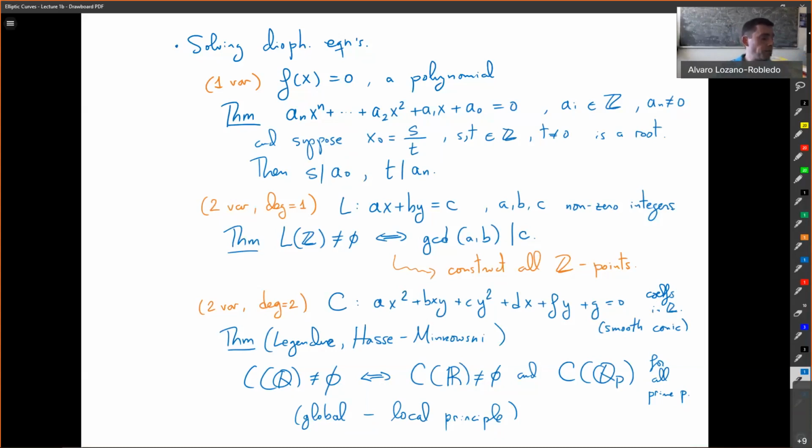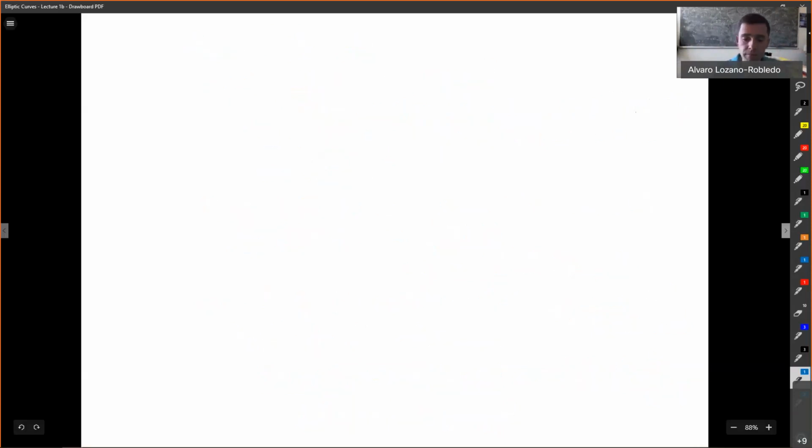So this is a very interesting theorem that tells you how to determine if there is a solution. Once you know that there is a solution, you can use other methods to first bring the conic into a canonical form, like an ellipse, a hyperbola, or a parabola, and then use some methods from elementary number theory, such as continued fractions and so on, to find the points in there.